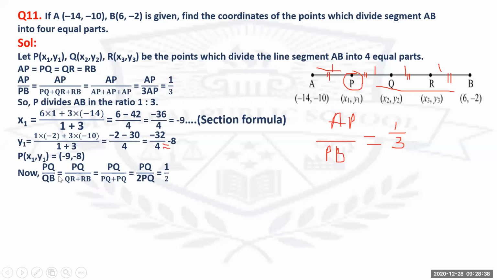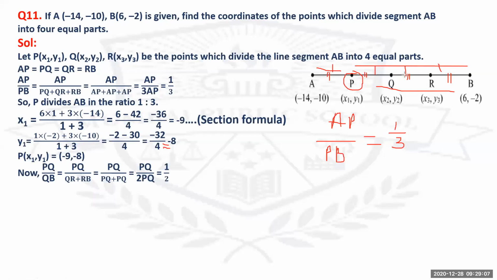First, I'll show you with the section formula. You'll get PQ upon QB, check, PQ upon QB equals PQ upon QR plus RB. So PQ upon PQ plus PQ, PQ upon 2PQ, that is 1 upon 2. Check here, what I've done is I've considered this line PB. Understood?